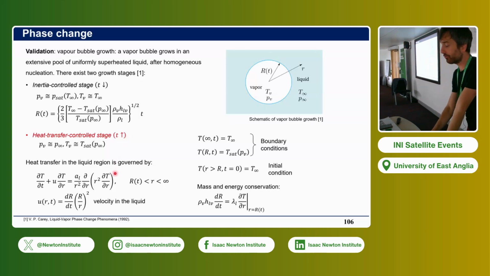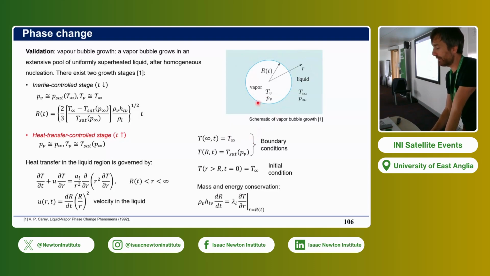There is an analytical solution for the problem derived by Scriven, and it's based on the one-dimensional diffusion-convection equation for temperature along the radial coordinate. I'm not going through the details, but the boundary conditions are a certain temperature in the liquid, supposed to be above saturation.